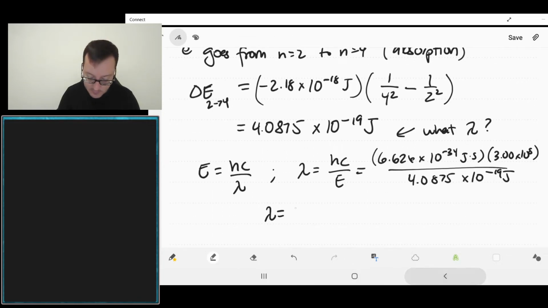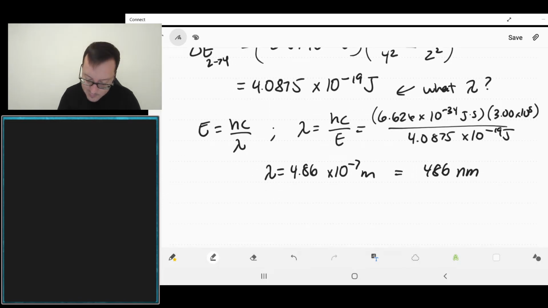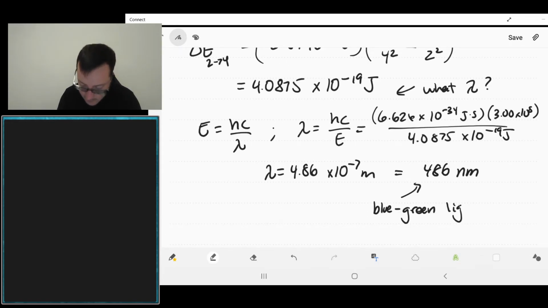This happens to be 4.86 times 10 to the negative 7 meters, which is equal to 486 nanometers, which is light we can see. So this particular one is probably going to be kind of like a blue-green light. This happens to be an energy that falls in the visible range.